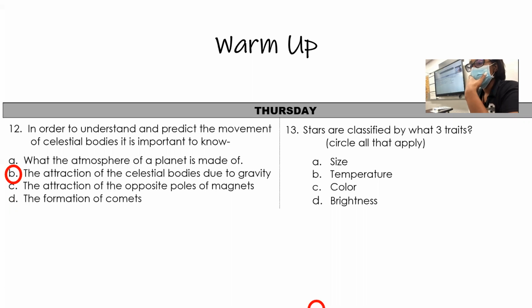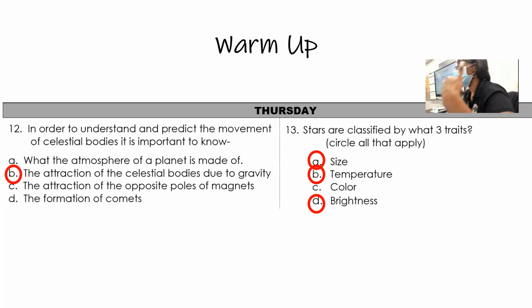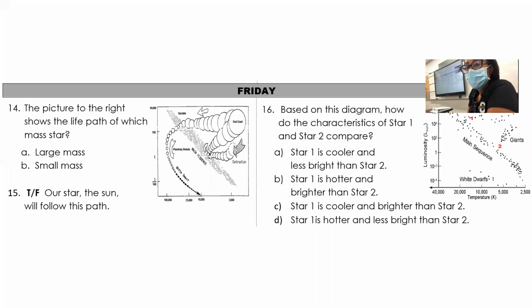All right, so here's Thursday and Friday, because my kids online have a different warm-up. I'm looking at theirs on my other computer. And then for Friday, the picture to the right, the key word here is what? What on that picture lets you know what type of star, if it's large or small? Red giant.